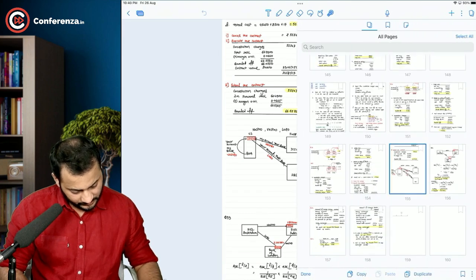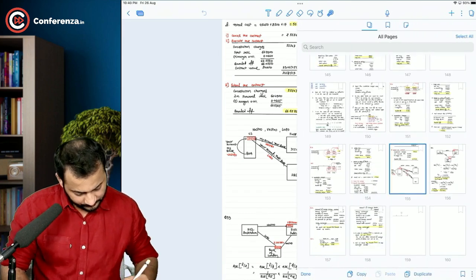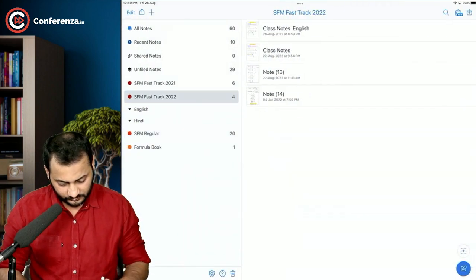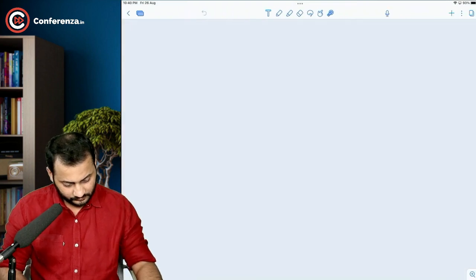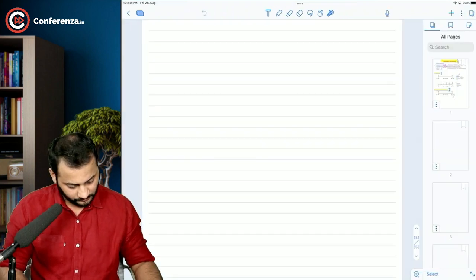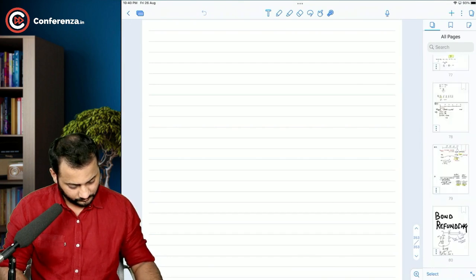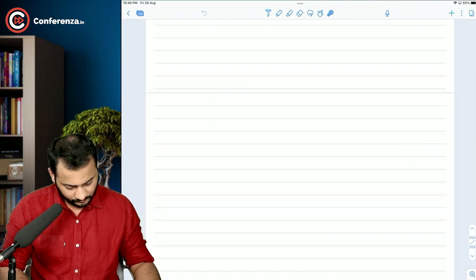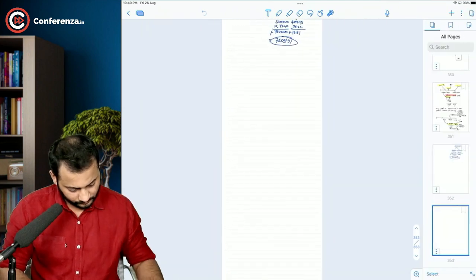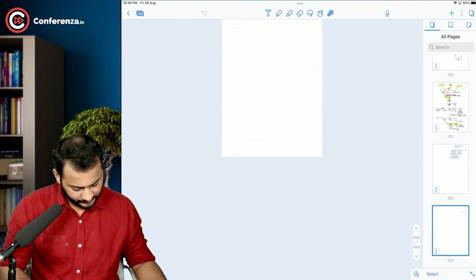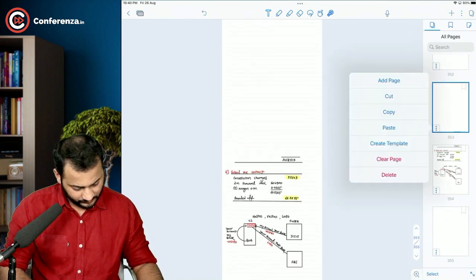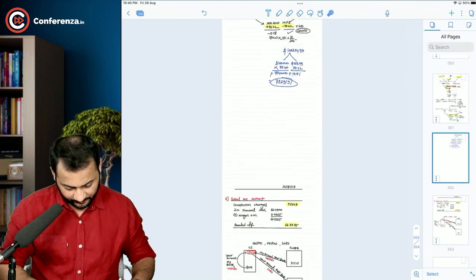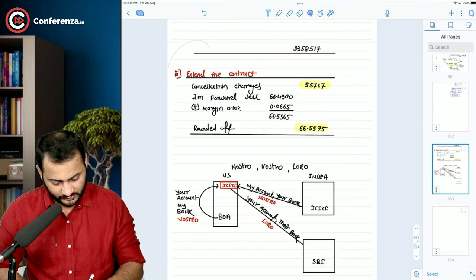Select this, copy, paste, delete. Okay, so I will remove this part.